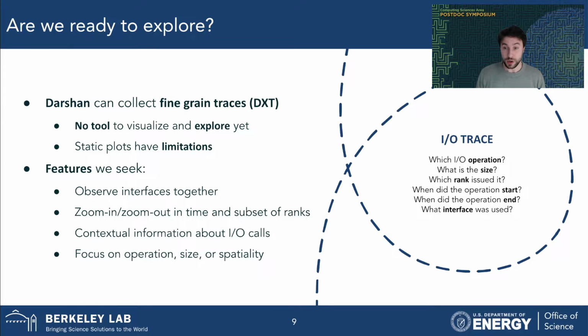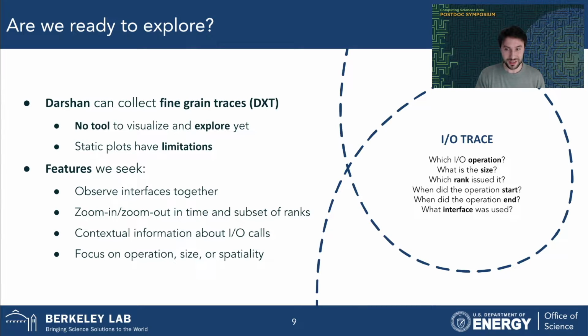So the features that we're trying to seek here are to observe the different interfaces. So remember the stack there, we want to see how the I/O calls are translated from one level of the stack to a lower level, reaching the parallel file system. We want to be able to focus on specific periods of time or on a specific subset of ranks to observe their I/O behavior, but also have contextual information.